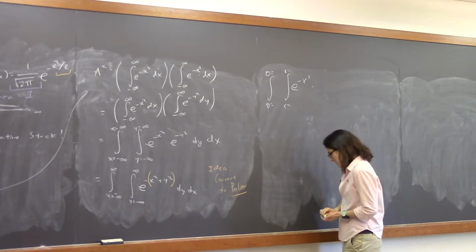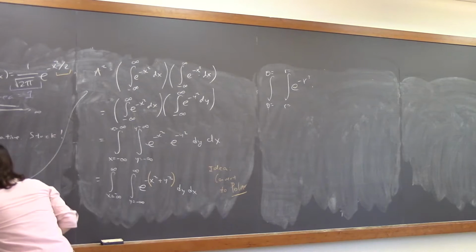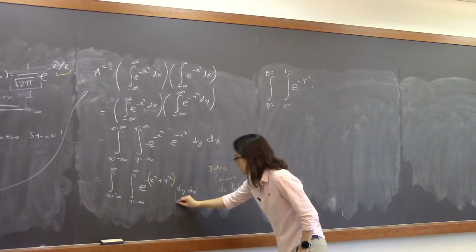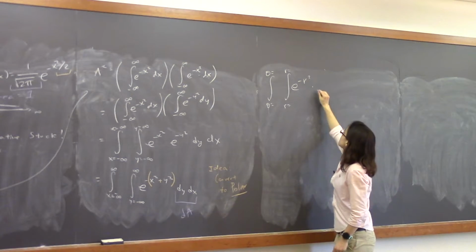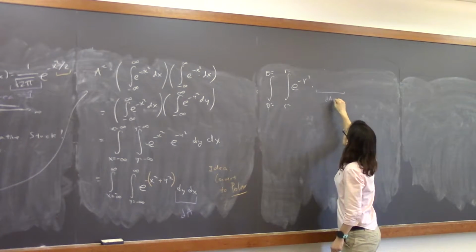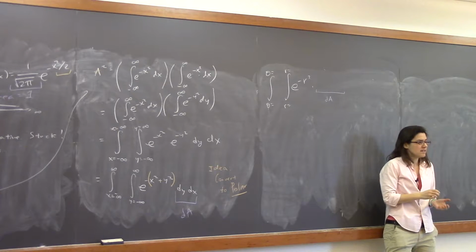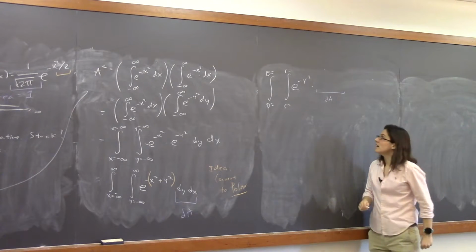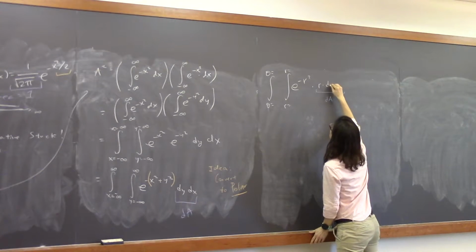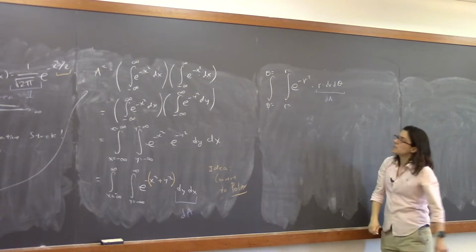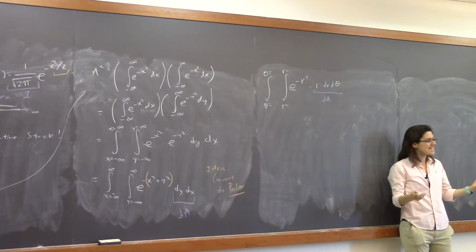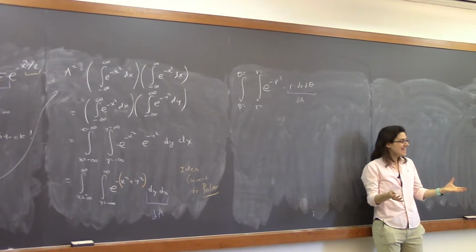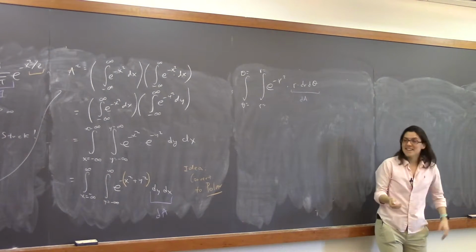Times, okay, this part, dy dx, that's our dA. So now we have to multiply by dA. dA in polar coordinates? R dr d theta. Yes, r dr d theta. Because we have this extra multiplying factor, because things are bigger when they're further away. I see you smiling. It's going to work, right? Yeah.